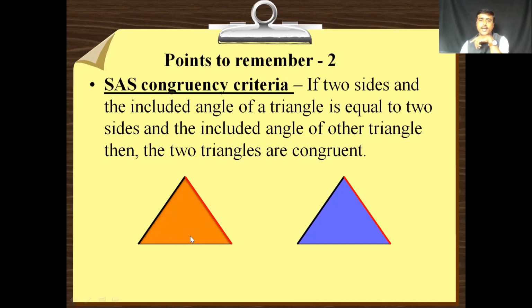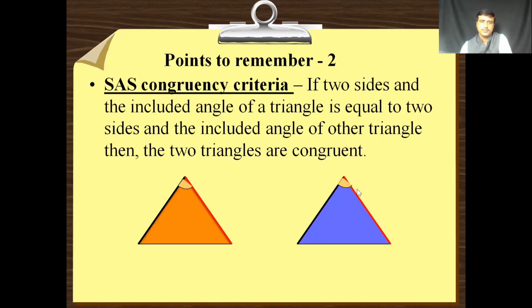Out of the three angles, you cannot simply consider any angle. These two sides have a common endpoint, a common vertex here. The angle at the common endpoint of these two sides which we have considered, that angle only we have to consider.